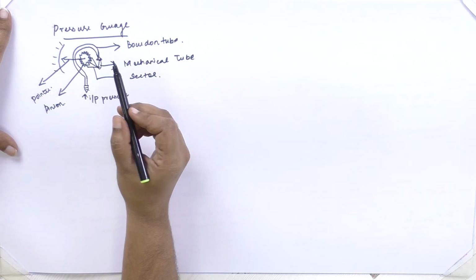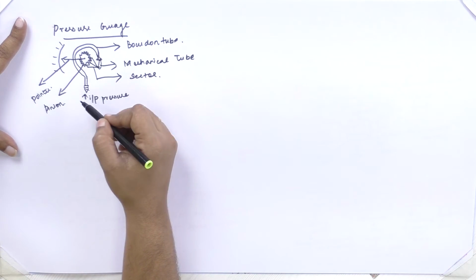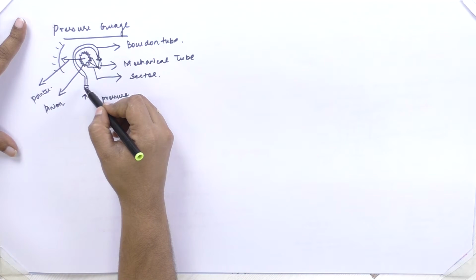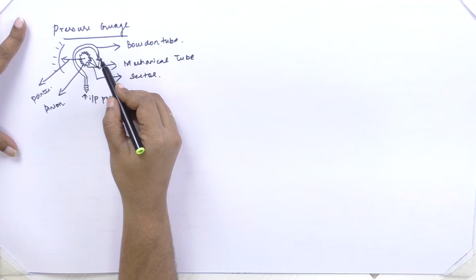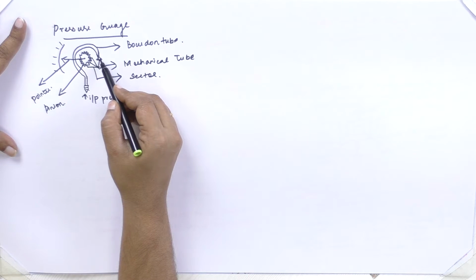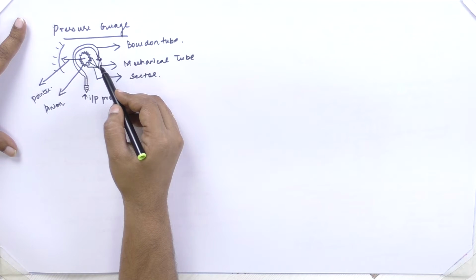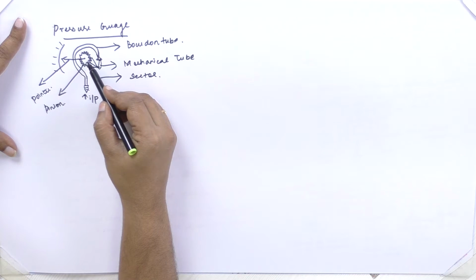Now, this pressure gauge is used to measure pressure. The input will be given to one end of the Bourdon tube. The pressure will pass through the tube. One end of the Bourdon tube will be closed. So, what happens now? Due to the pressure, the closed end of this Bourdon tube will be displaced through some distance. Because of the displacement of the Bourdon tube, this mechanical linkage moves, which in turn is connected to this gearing mechanism.